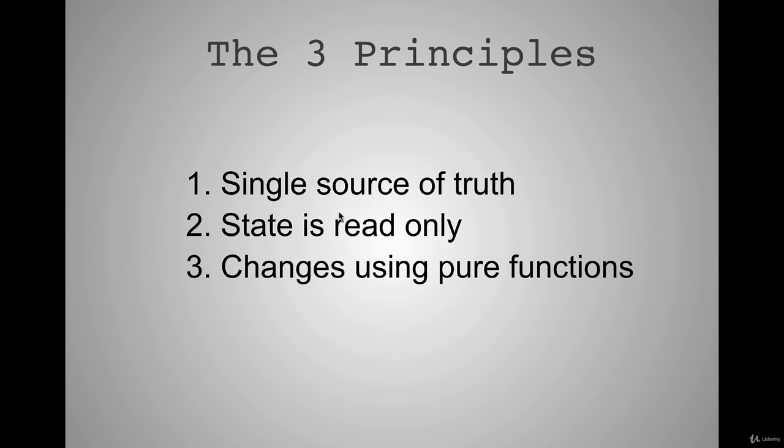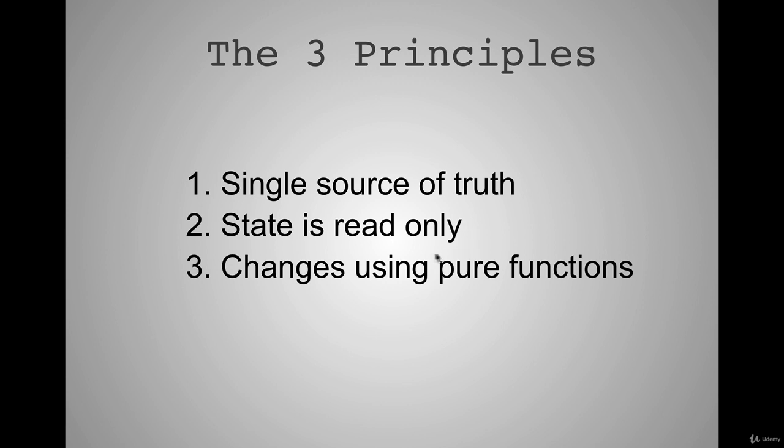The second principle is the idea that state is read-only. And this encourages something called immutability, which is not modifying the object. And it prevents unexpected errors this way. So the state object that we will create with Redux will actually never get modified. And instead, we would create a new state after each action is taken by the user.